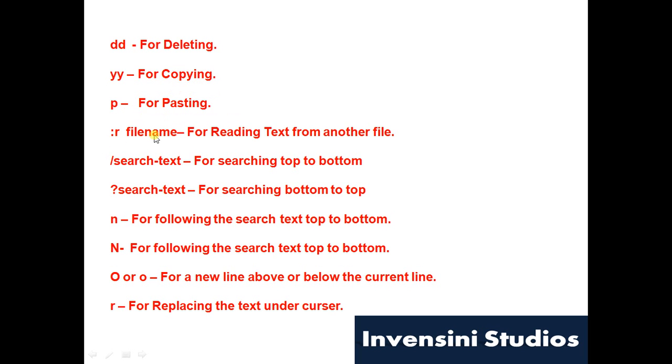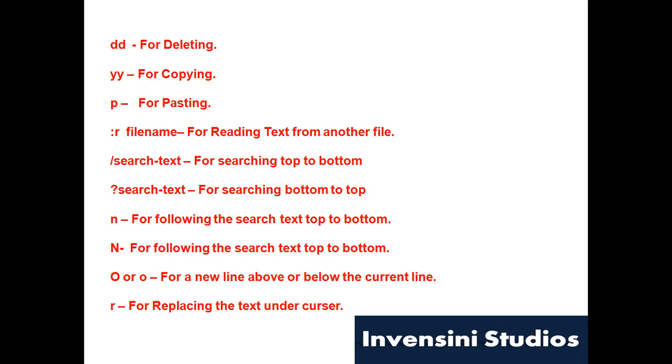Similarly, if you are in a vi session and you want to read a file from outside the vi session, you enter command mode, say r and enter the file name. It will read all the content of that file into the current file. Similarly, if you want to search from top to bottom, you use a forward slash, and from bottom to top a question mark.